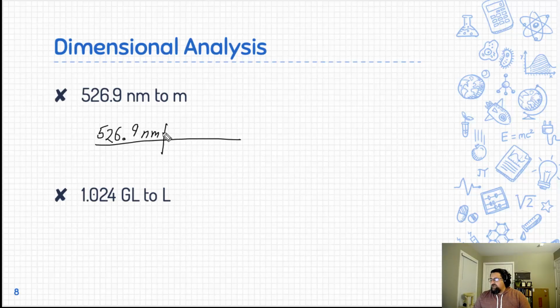In which case, since nanometers is top left, nanometers is going to go bottom right, and we're trying to go to meters, so meters will go up top. Now in this one, again, you're going to have to just kind of learn it, but really what we had was that nano went to micro, which went to milli, which went to the base, which went to kilo, and then to mega, and then giga, right? And those were our main ones.